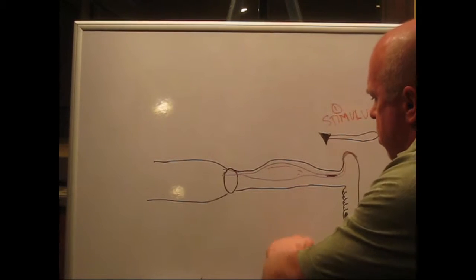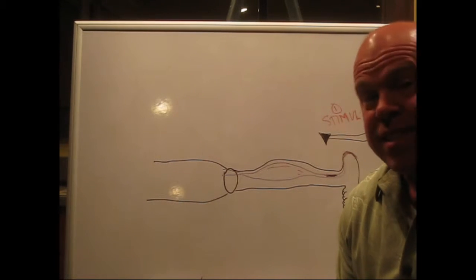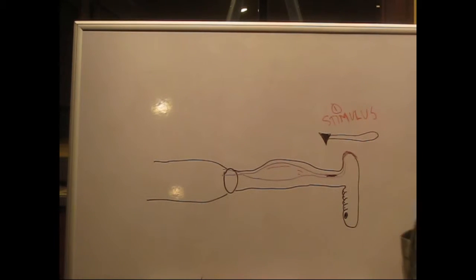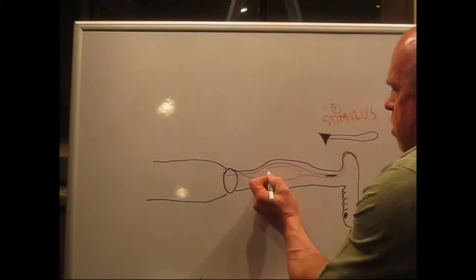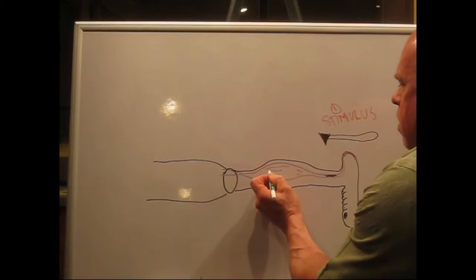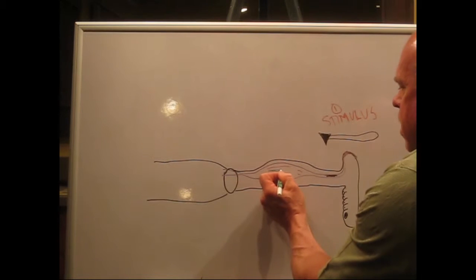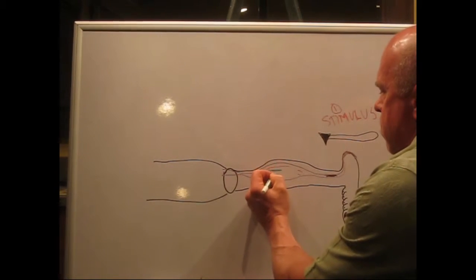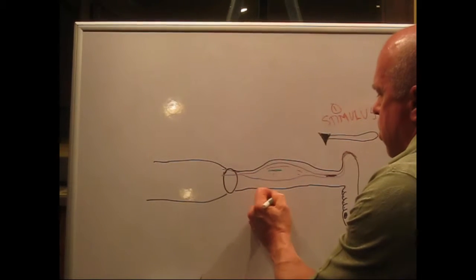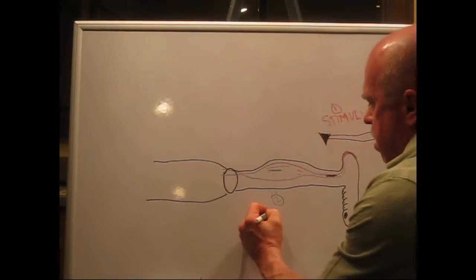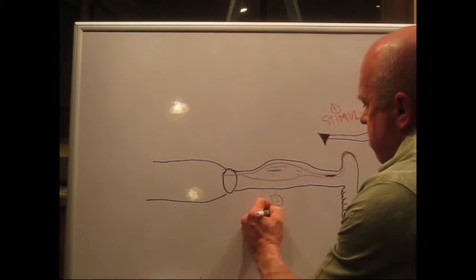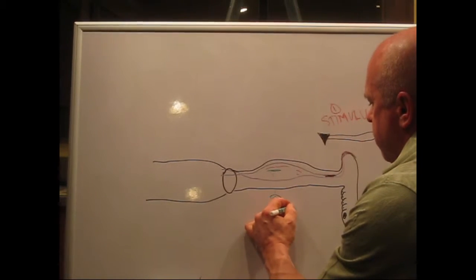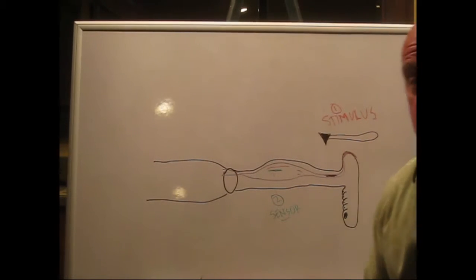Now, second component of a reflex arc involves a sensor. And in this case, the sensor is located deep within the belly of the muscle, and this sensor we refer to as the muscle spindle. So that's our number two component of a reflex arc, which is the sensor, which is a muscle spindle.